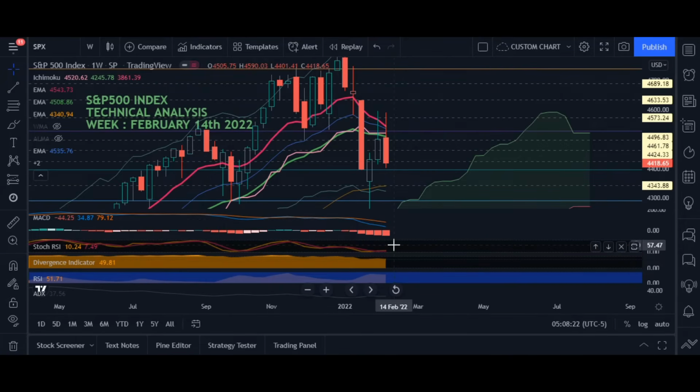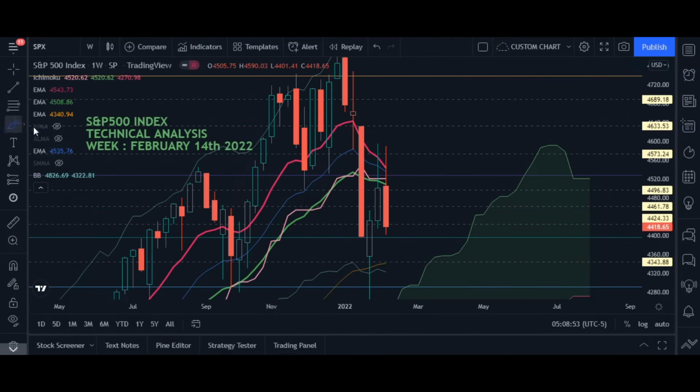Then comes the Stochastic RSI. The market was trying to move up, but the K line is 10 and the D is 7, which means it is still bearish. Then comes the divergence in the prices of the candles, this is normal. Then comes the momentum. Momentum is good, almost 50 in favor of bears.